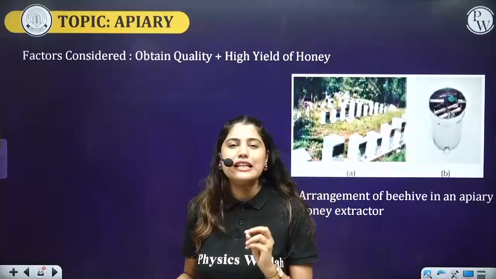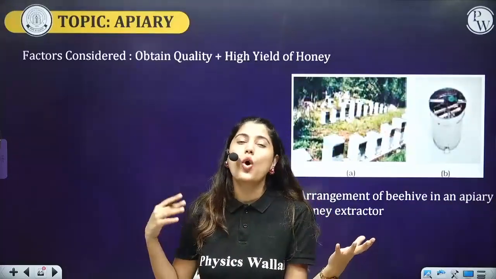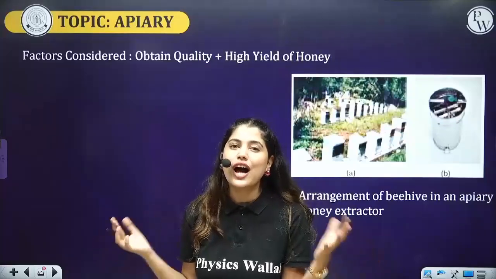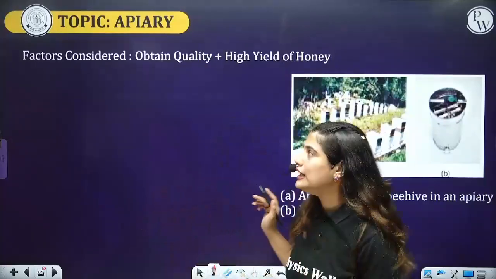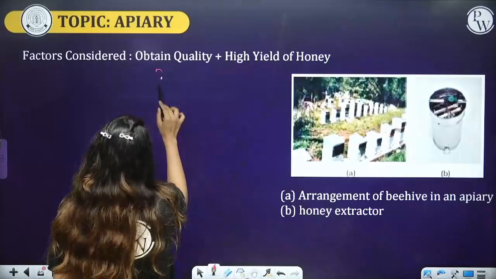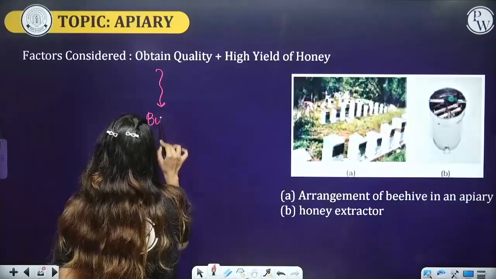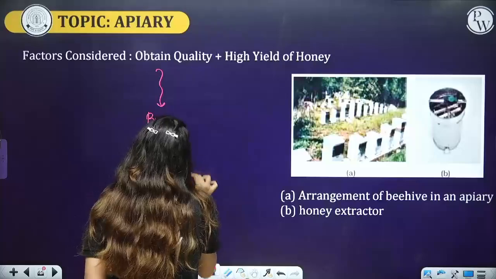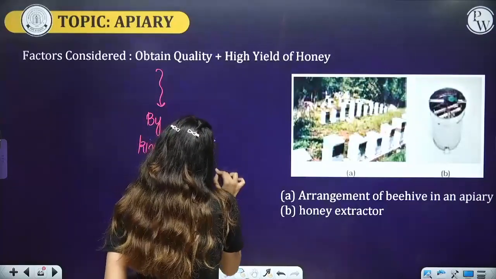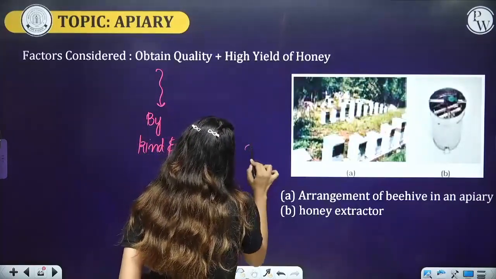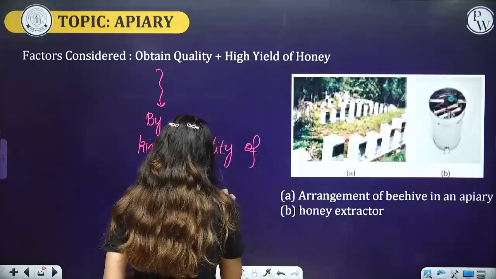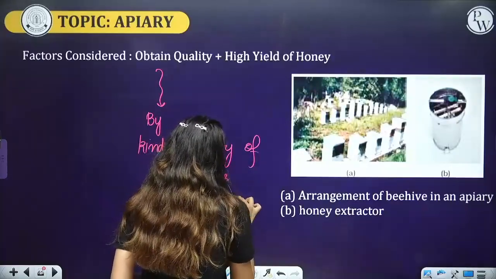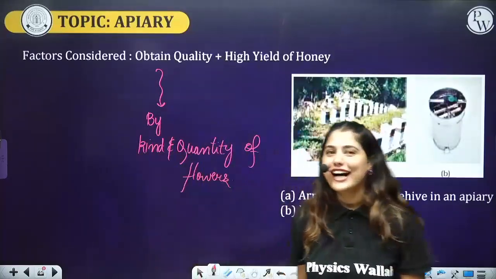So the kind of flowers and the quality and the quantity of the flowers will determine the honey yield, right? So I can say the kind and quantity of flowers will determine high yield of the honey.